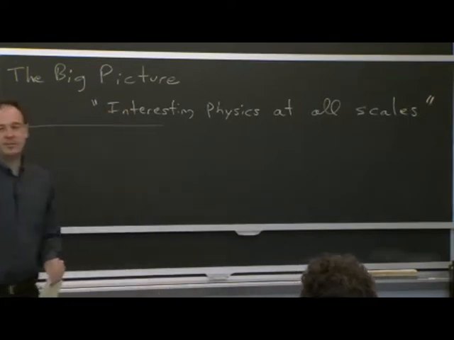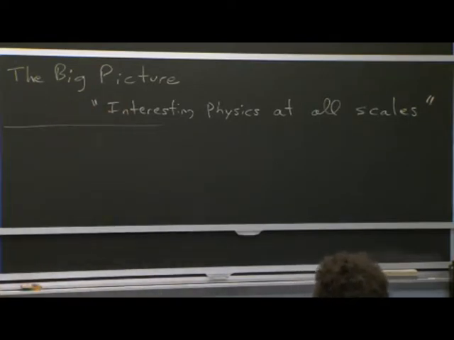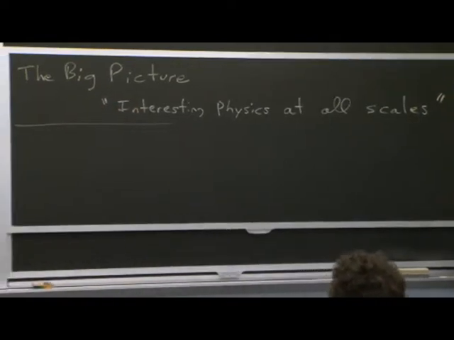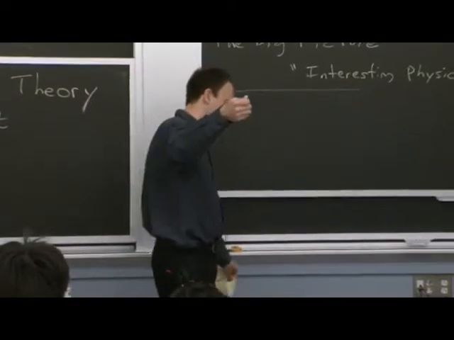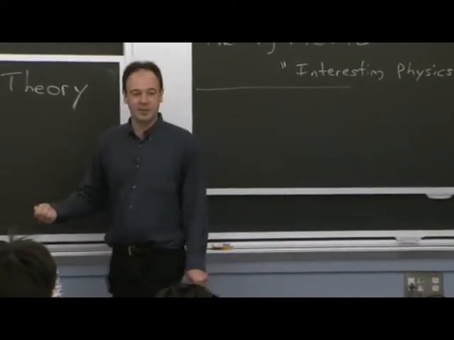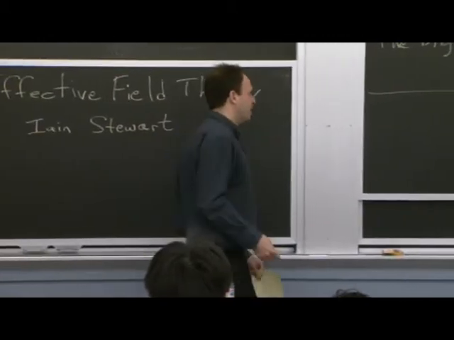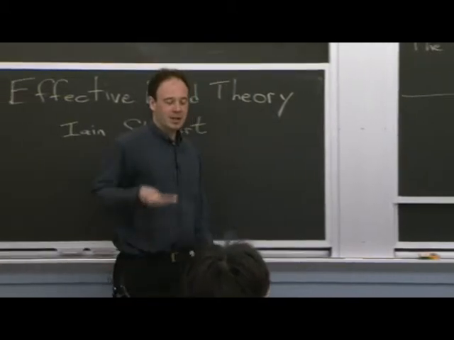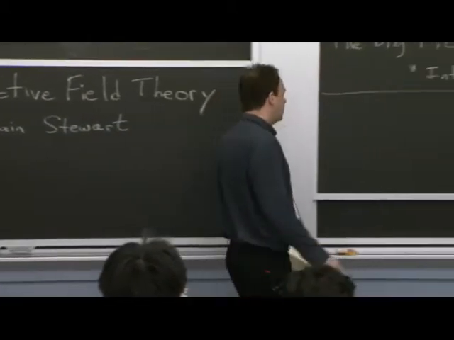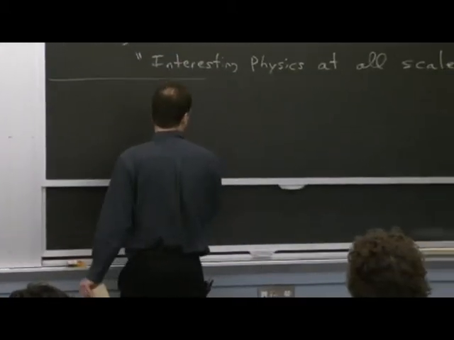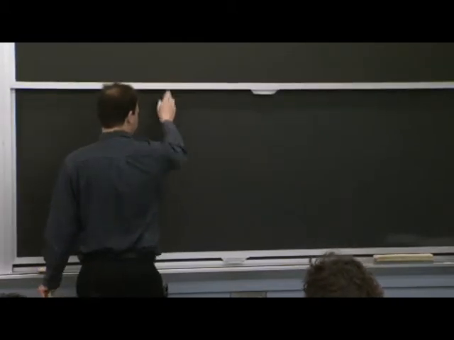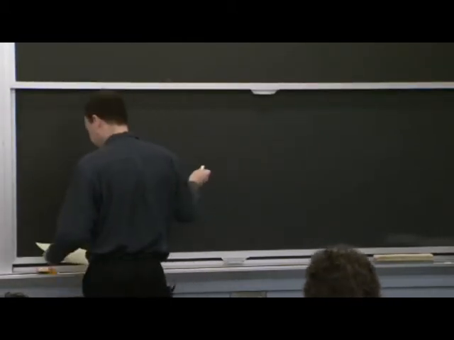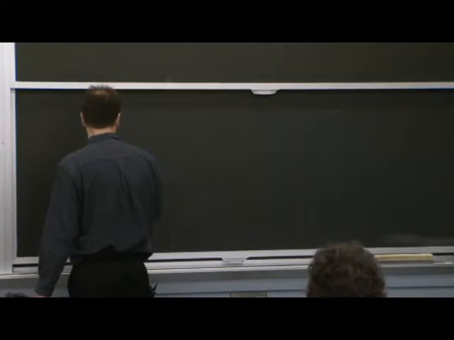Now, that's a little different than how we teach physics. If you think about drawing a diagram from your freshman year to now, many of you in graduate studies, about how you learn physics, it was not by focusing in on individual particular scales, but more from a bottom-up point of view. So I would draw a picture of how we teach physics in the following way. You start out as a freshman, you learn classical mechanics.